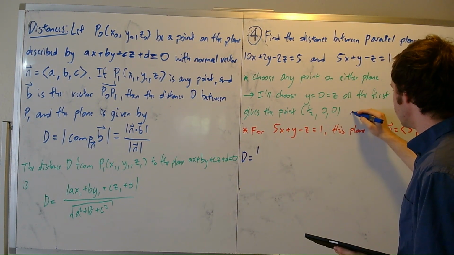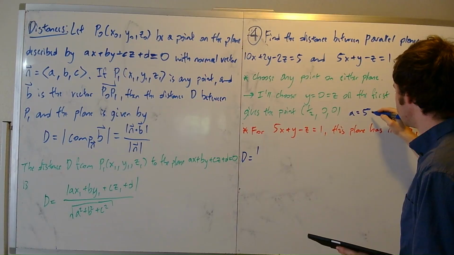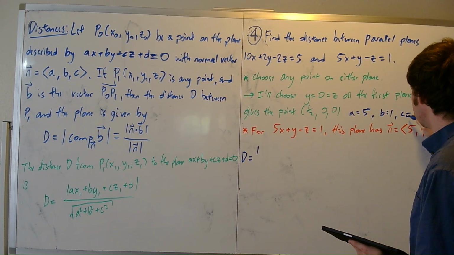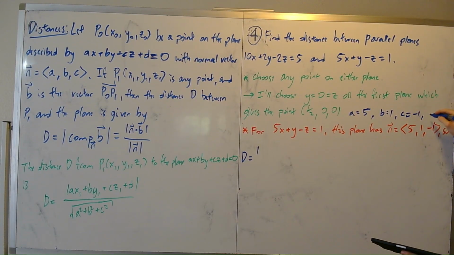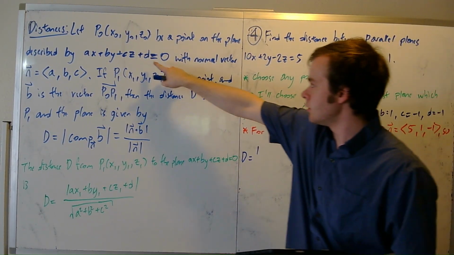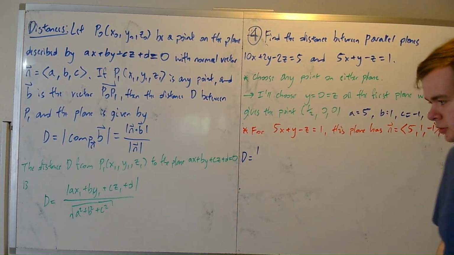So let me just write all that out. A is 5, B is 1, C is negative 1, and D is also equal to negative 1, just by looking at this equation and comparing it to our formula up here.